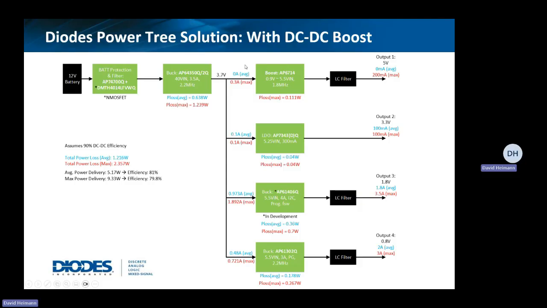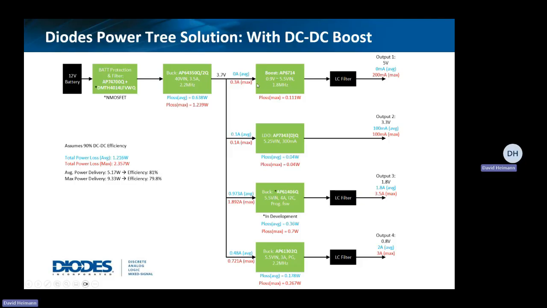So rather than decreasing the overall efficiency of the power tree by doing this first step at something above this rail, we decided to go down to a rail that was going to be more efficient, providing where the most energy of this power tree is going to be consumed, which is at the 0.8 volt and 1.8 volt rails.